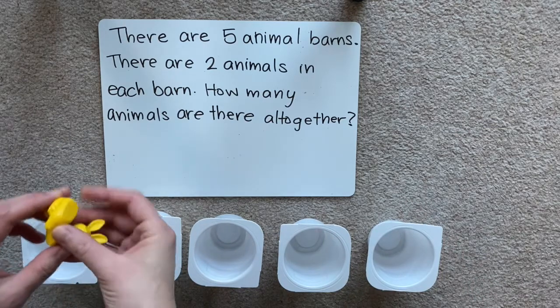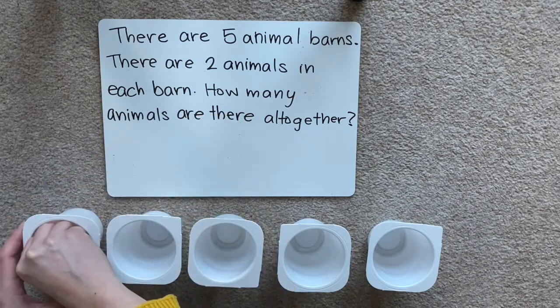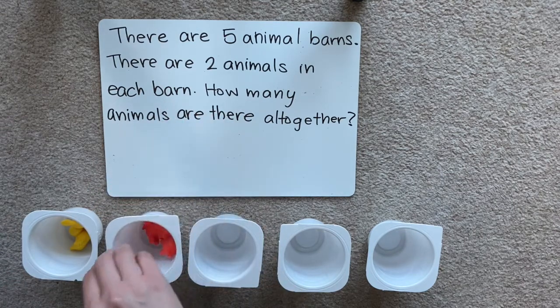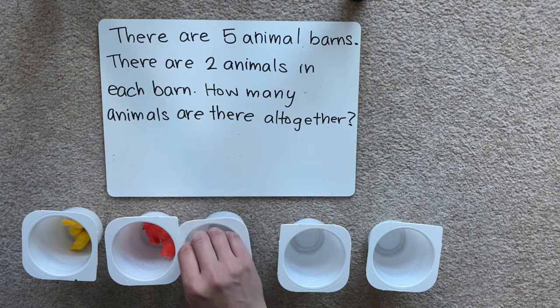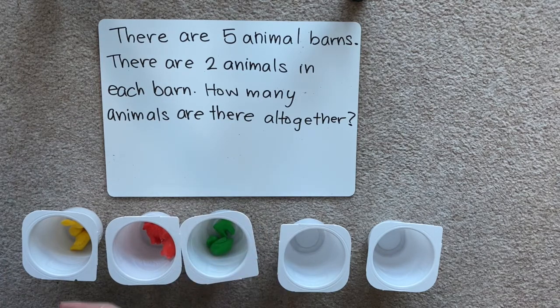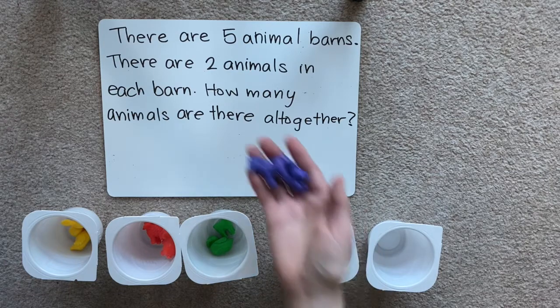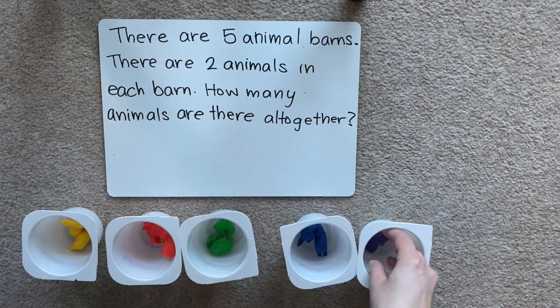So I'm going to get 2 yellow ones, 2 orange animals, 2 green, 2 blue, and 2 purple.